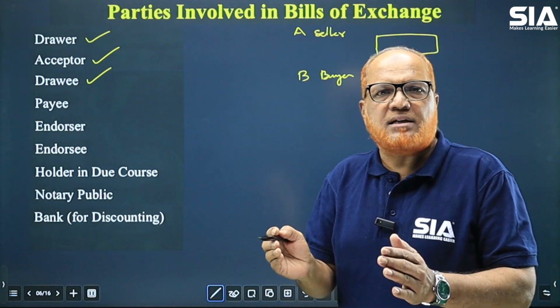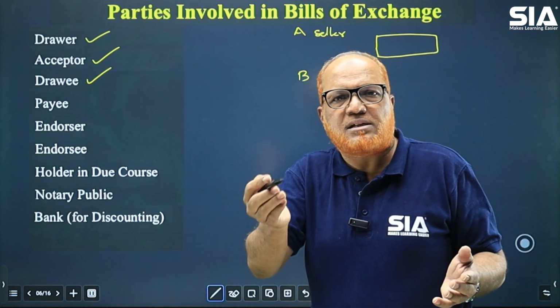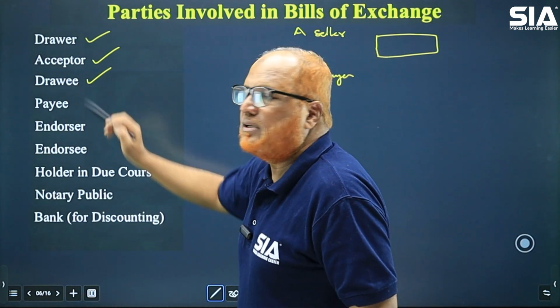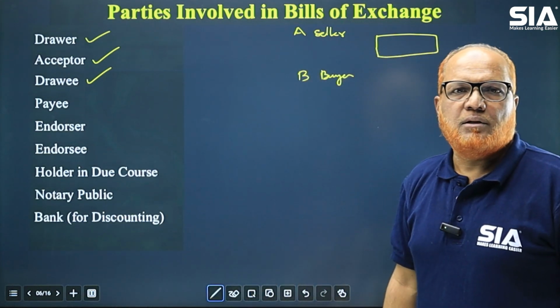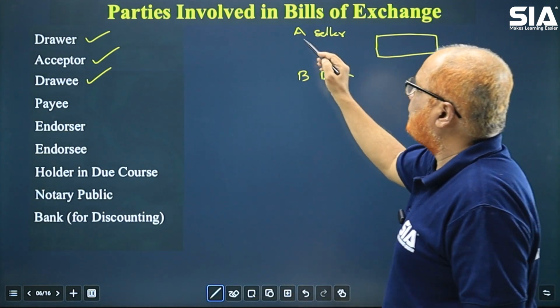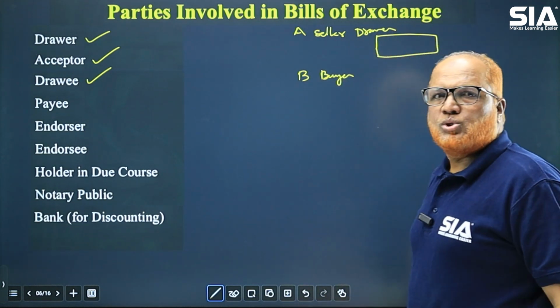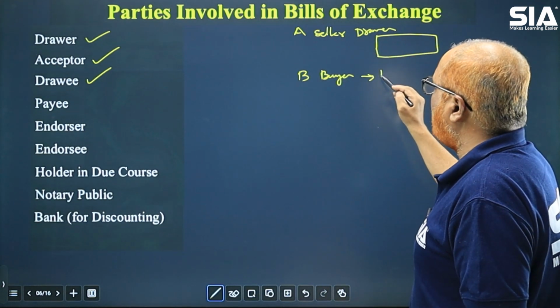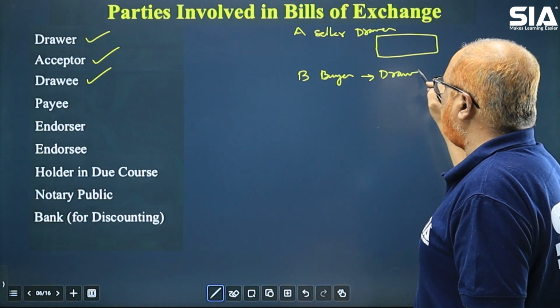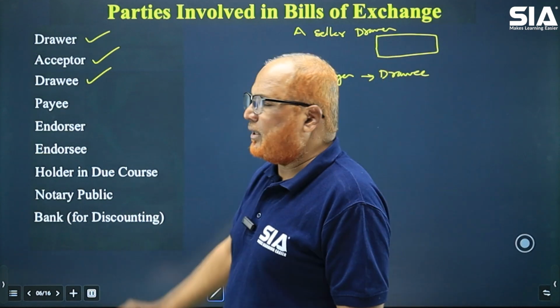So B is the acceptor, then B is the drawee, the same person. After accepting the bill, the name given is drawee. So simple words you can say, A, the seller, is the drawer, and B, the buyer of the goods, is the drawee. When will he become drawee? Only after accepting the bill, he will become drawee.